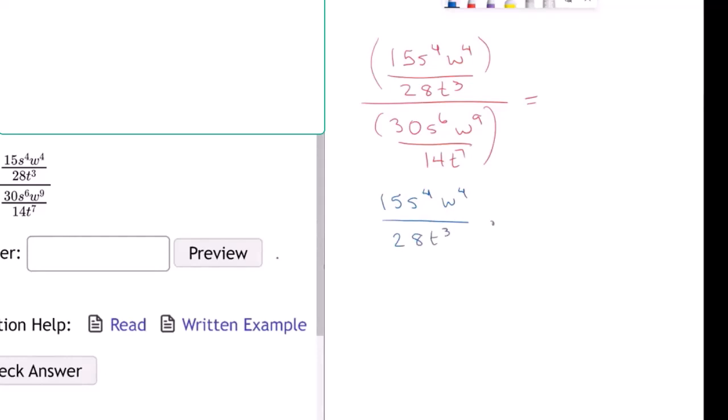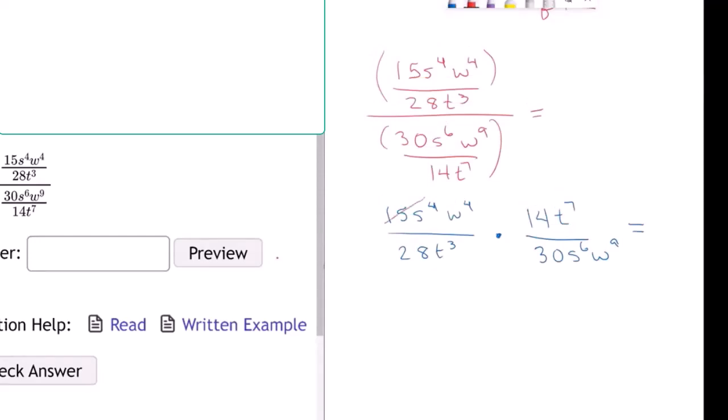I change the division to multiplication, and I flip the fraction in the denominator. And then we start simplifying. Well, 15 divided by 30 is 1 over 2. 14 divided by 28, these are both 1s, and these are both 2s.